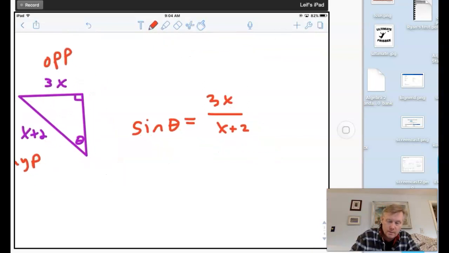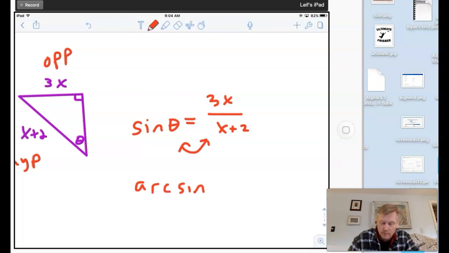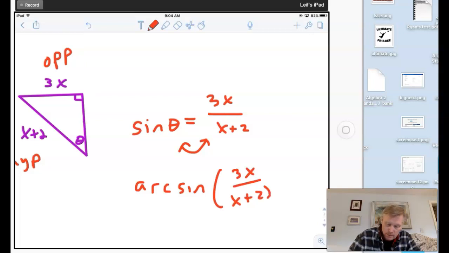Now once again, remember that if I do the arc sine or inverse sine, do arc sine of 3x over x plus 2, parentheses there, I need them around the whole fraction. This would equal theta, okay? So there's my answer, and now I got theta alone.